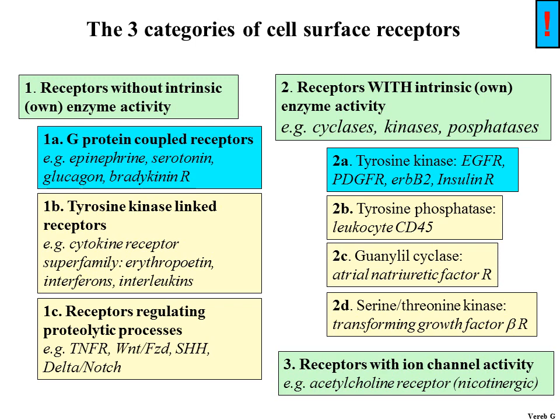And finally, the third large group is those receptors that have ion channel activity, and this you have already discussed when you talked about ion channels. The prominent example that you have discussed is the acetylcholine receptor, and of that the nicotinic subtype.